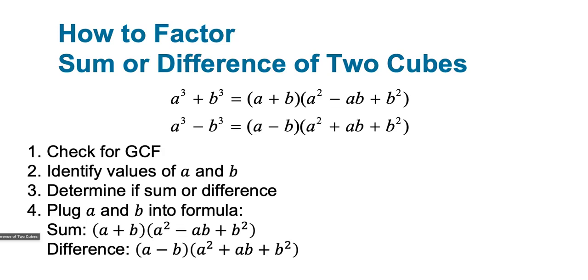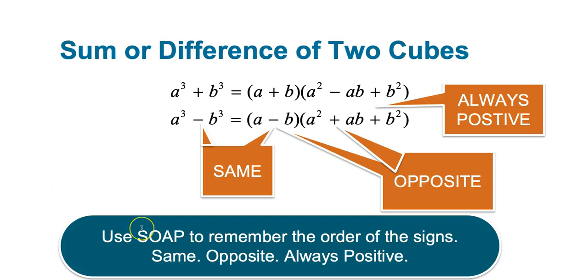We have two formulas, one for sum, one for difference. However, you can think of this as a single formula and use the acronym SOAP to help you remember the changing in signs. These formulas are exactly the same as far as the values of a and b. The only difference is the placement of signs.